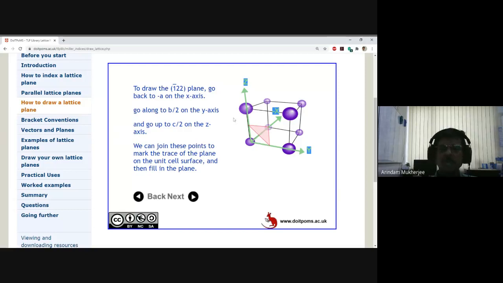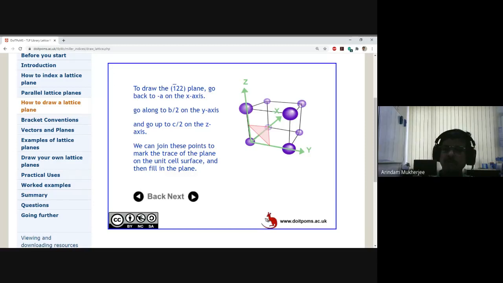Similarly, if the Y was minus, then you would have to shift the origin this side, because then you will get the -Y on this side. If the Z is minus, then you shift the origin towards the top, because then you get the -Z at the bottom. When all three are minus, you put it here and mark accordingly.